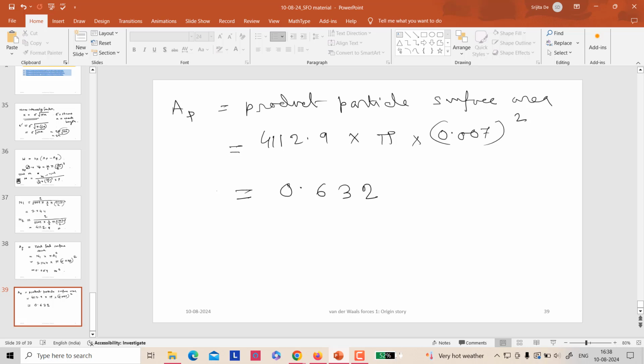Yes. So this is the product particle surface area.